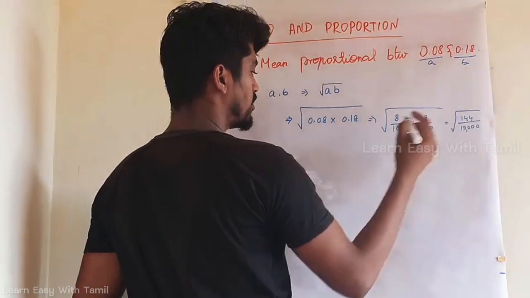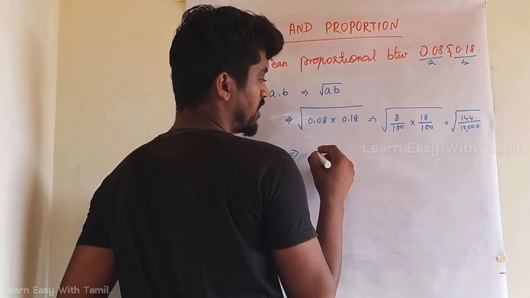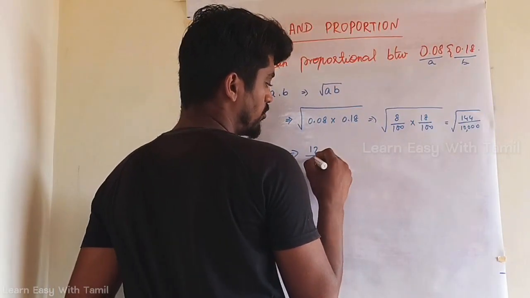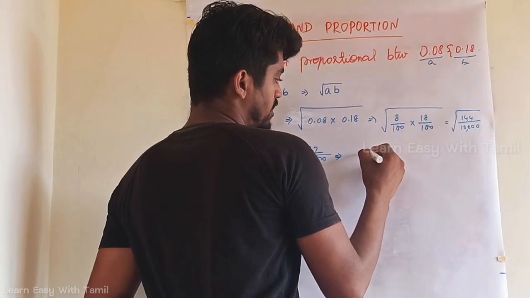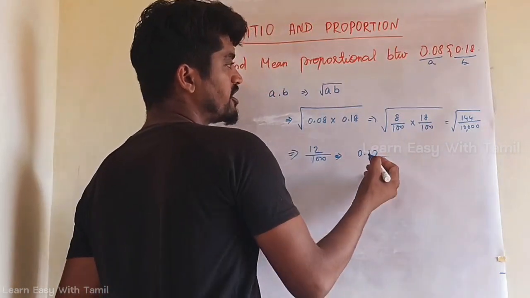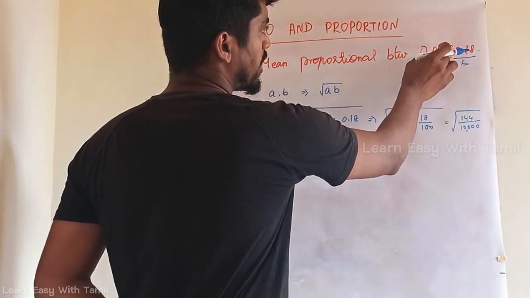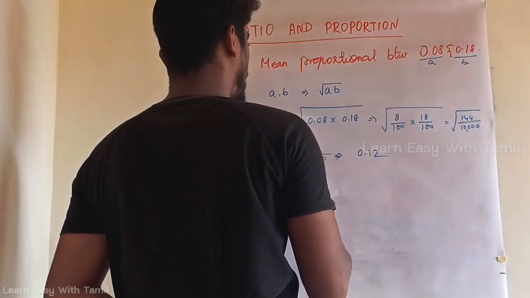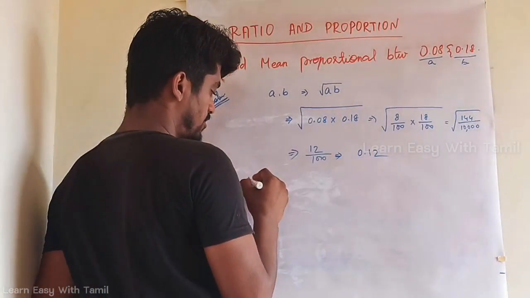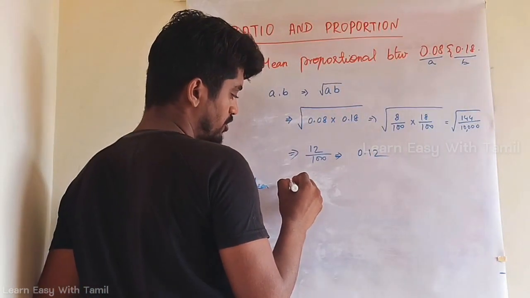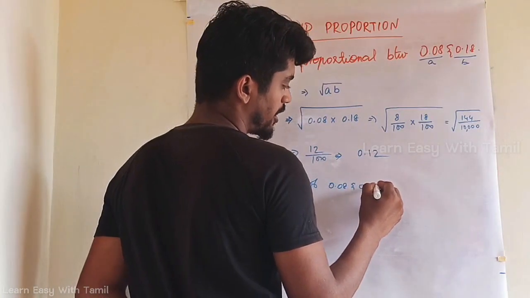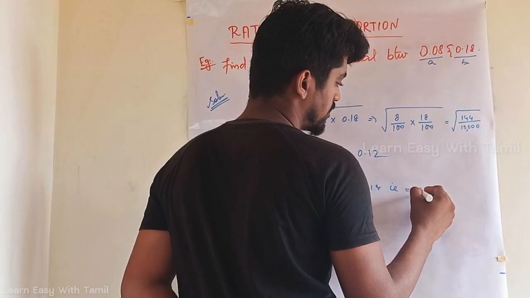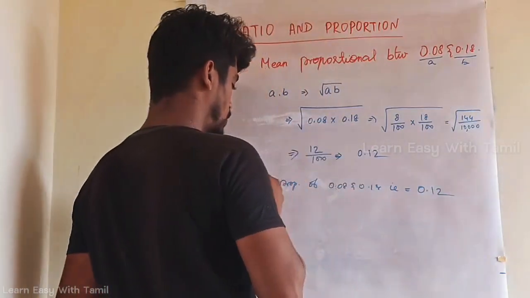So we take the root of numerator and denominator: 12 by 100. The value is 0.12, which is between 0.08 and 0.18. So this is the mean proportional of 0.08 and 0.18, that is 0.12.